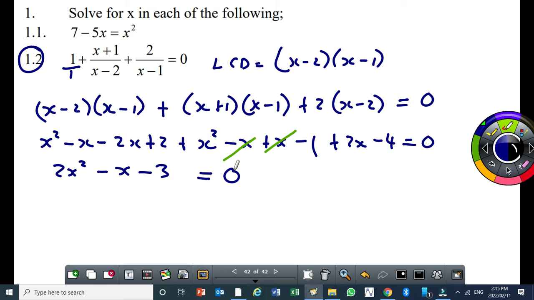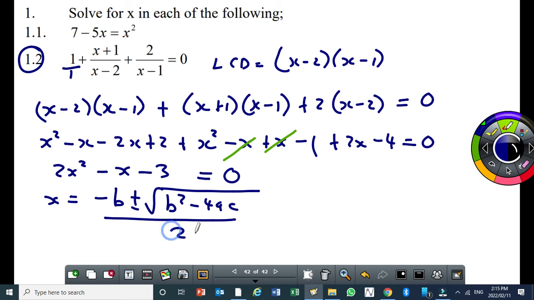Use the quadratic formula, x equal to minus b plus or minus the square root of b squared minus 4ac all over 2a. Okay, so our a is 2, b is negative 1, c is negative 3.